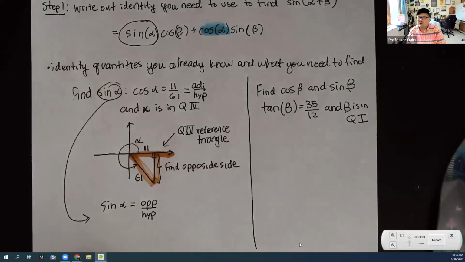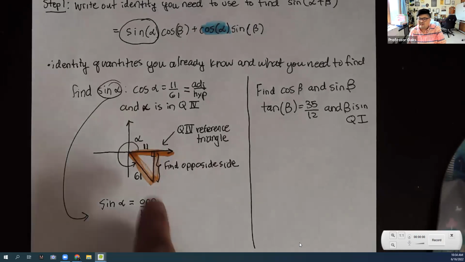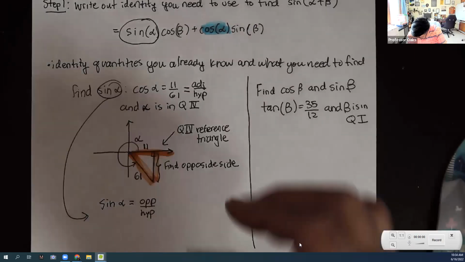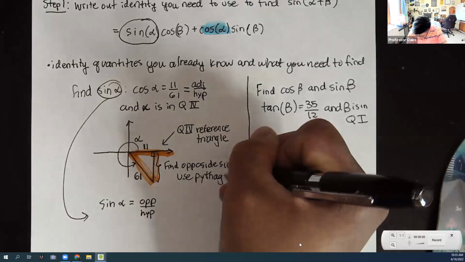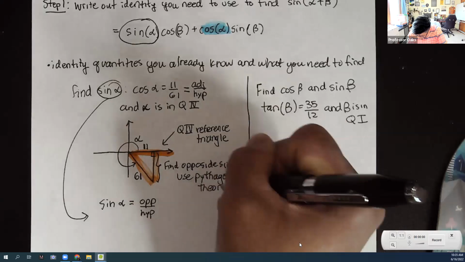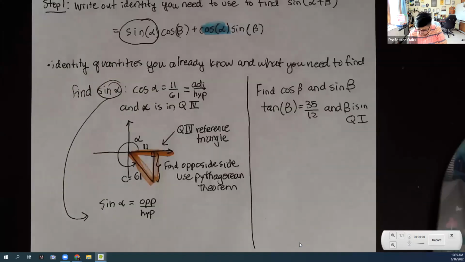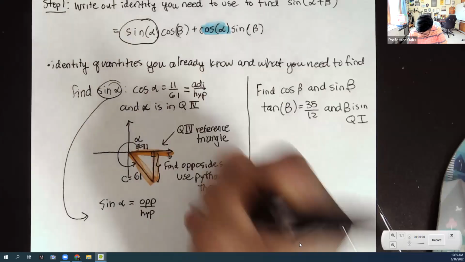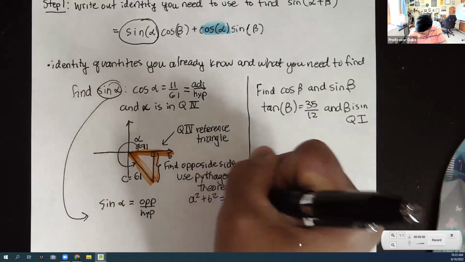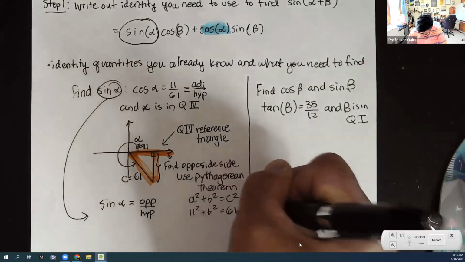So to find this opposite side, you use the Pythagorean theorem. C is always the hypotenuse, and that can be A and that can be B. It doesn't matter. So A squared plus B squared is C squared. So 11 squared plus B squared is 61 squared.